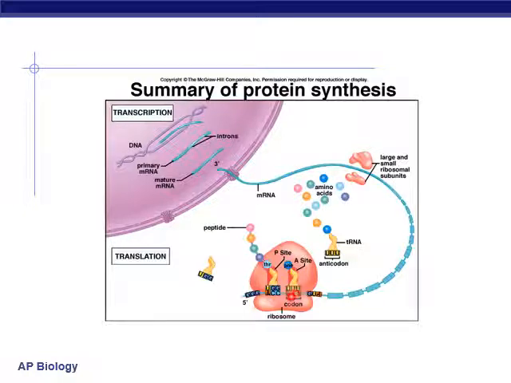This process repeats over and over until the ribosome reaches the stop codon. The translation is stopped, and the ribosome dissociates and cleaves off the polypeptide chain.